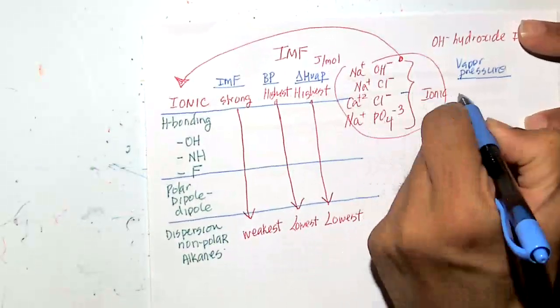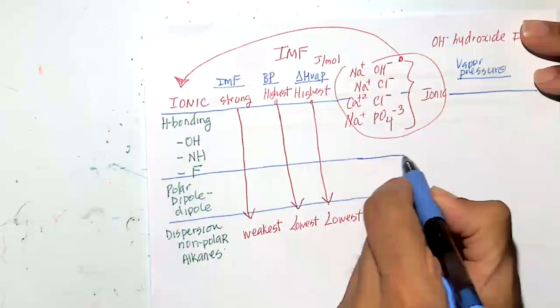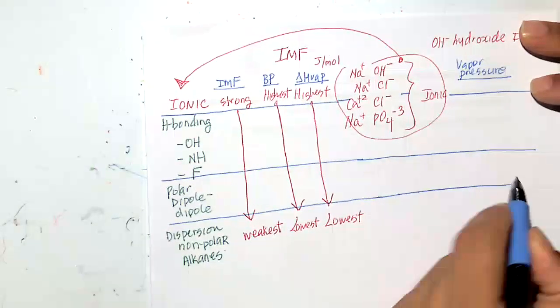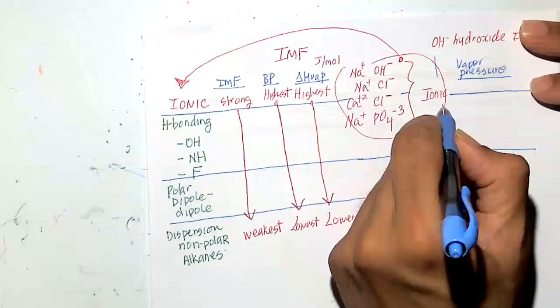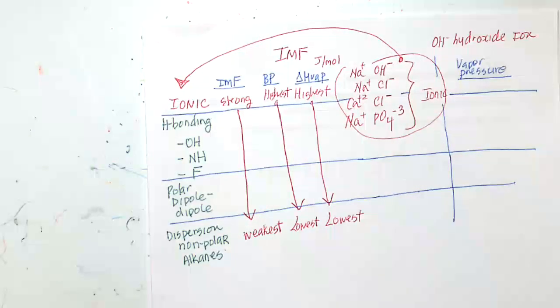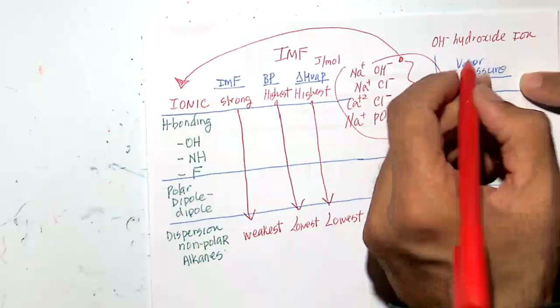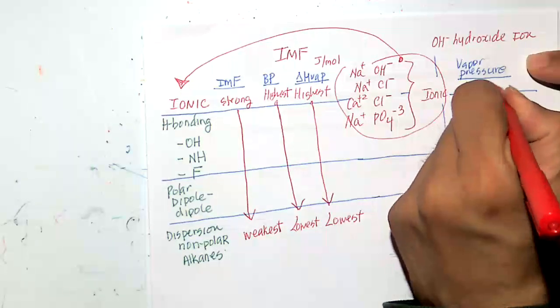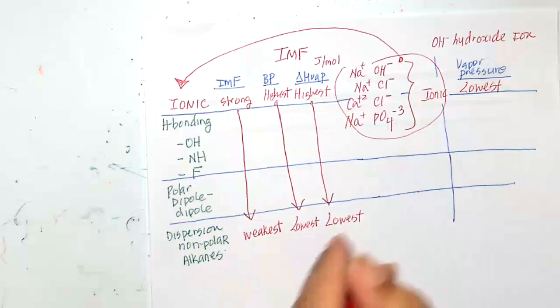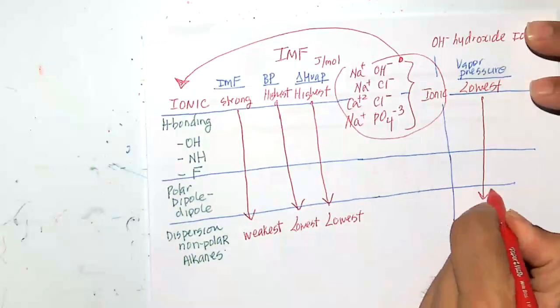Would it be high or low? Can it form a vapor? Can sodium chloride form a vapor? Can sodium hydroxide form a vapor? So would it be high or low? Lowest. And what would be the highest?